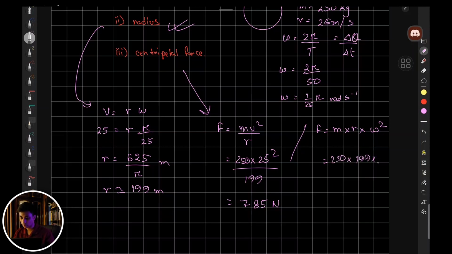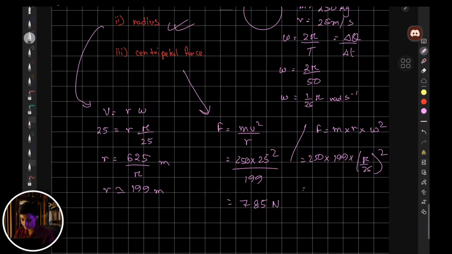Now, if I do the same on this side, it's going to be 250 times 199 times omega, which is pi by 25, whole squared. So let's do 250 times 199 times pi by 25 whole squared.